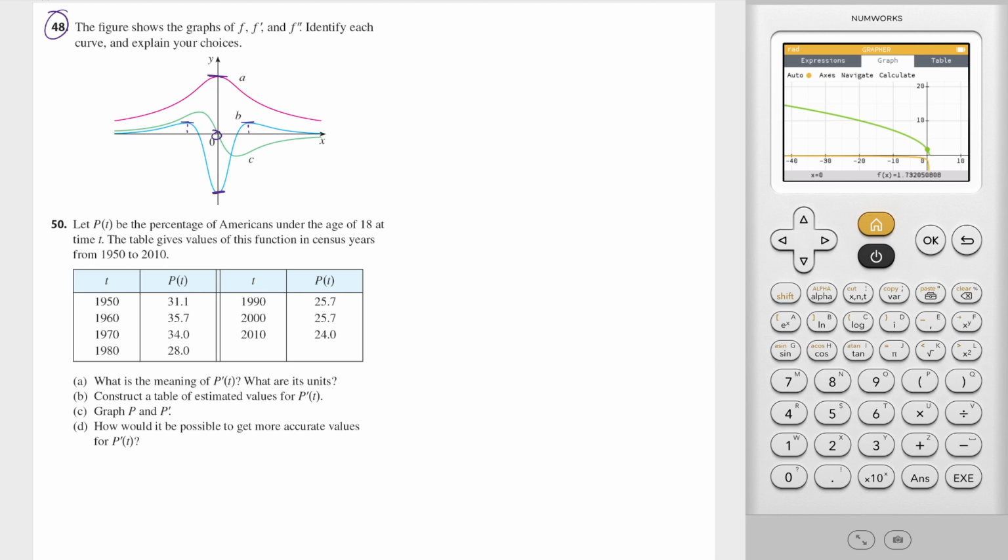So let's think through this. Would it make sense to say A is f? If A were f, then C would be f prime. Okay, and let's think about whether that makes sense, because that would mean that B would be f double prime.